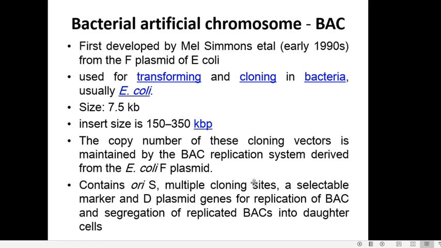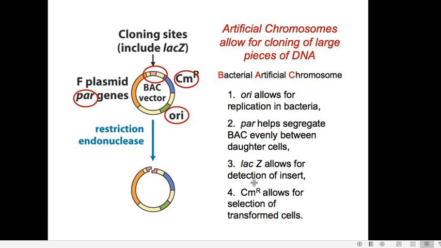They contain restriction enzyme sites, a selectable marker, and plasmid genes for replication of BAC. And these replicated BACs will be segregated into the daughter cells, just like chromosomes are segregated during cell division. This will make sure that the daughter cells get shares of the replicated chromosomes from the parent cells.